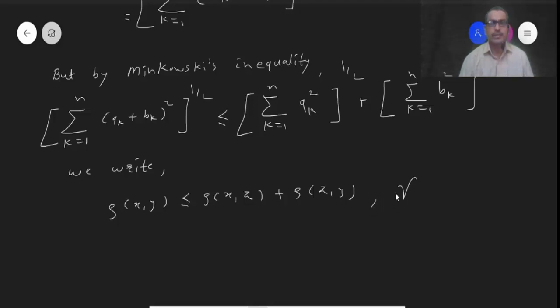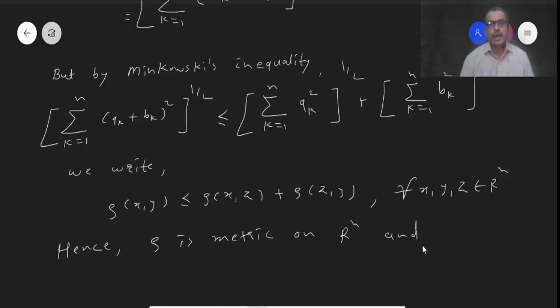And this is for all x, y, z belonging to R raised to n, and hence rho is a metric on R raised to n, and the ordered pair R raised to n, rho is a metric space.